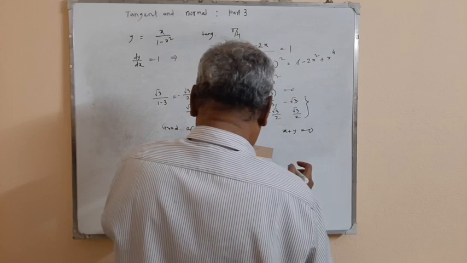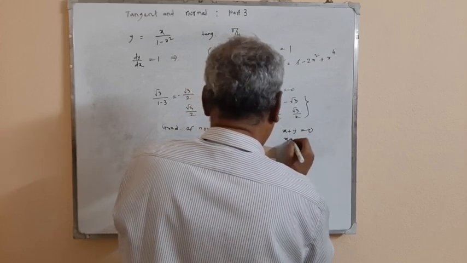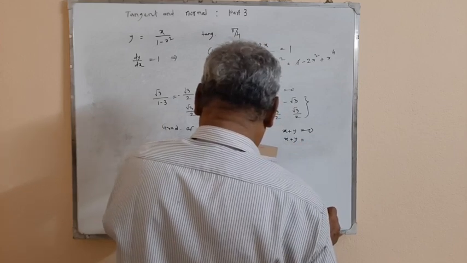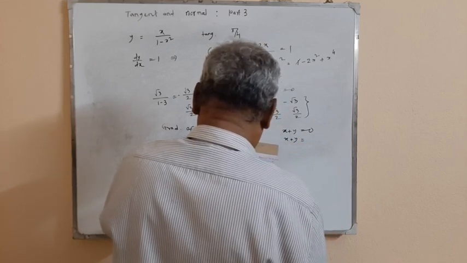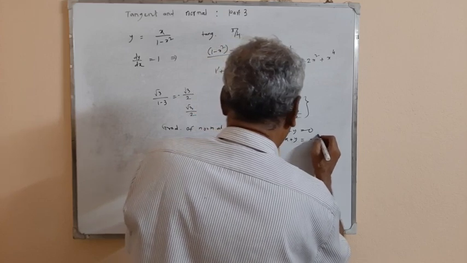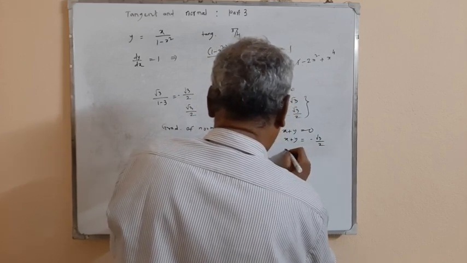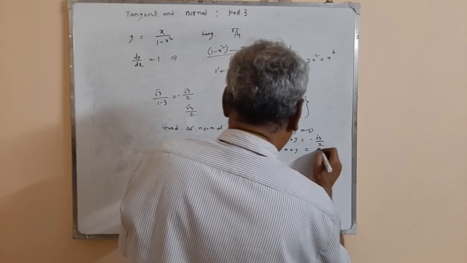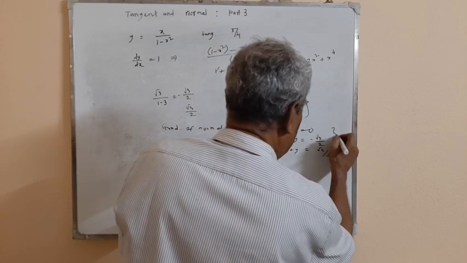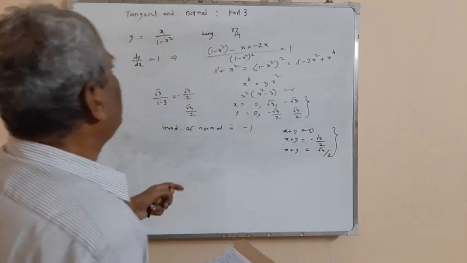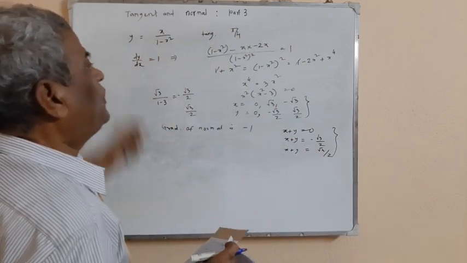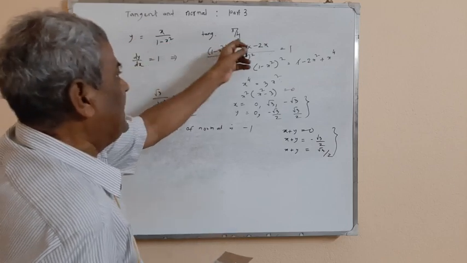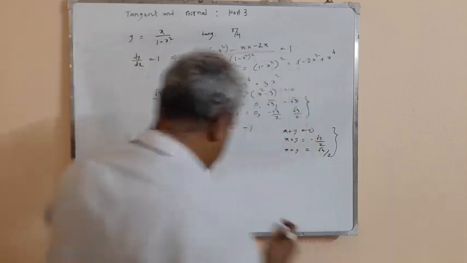Number 2 is x plus y is equal to minus root 3 by 2, and x plus y is equal to root 3 by 2. These normals are possible at the points on the curve where the tangent makes an angle pi by 4 with the x-axis.